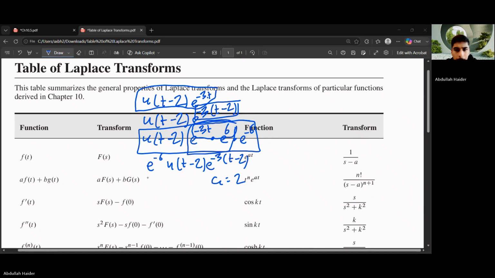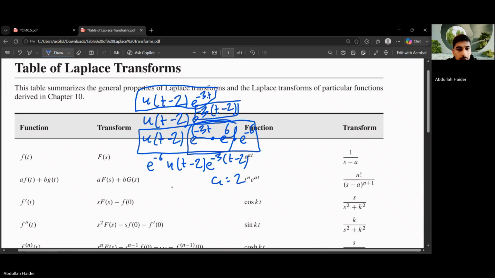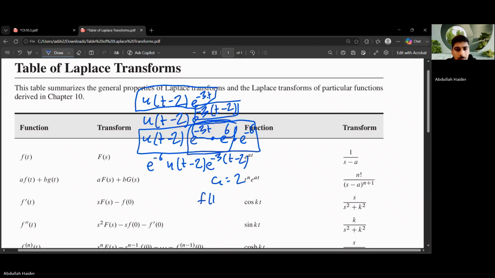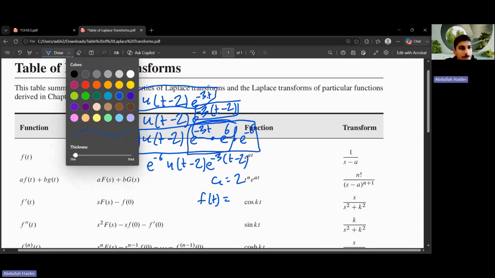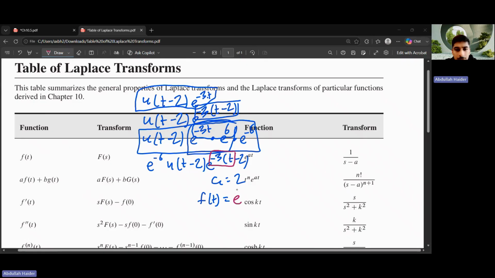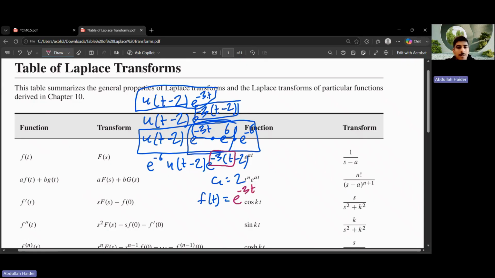Your a is 2 and your f(t) is, in this case, e^(-3t). You literally take the f(t) apart from this 2 over here.